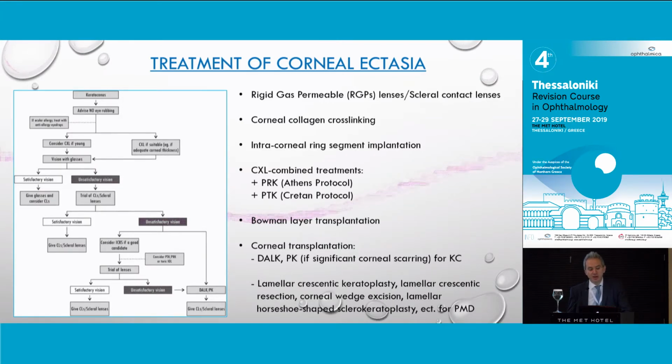Combination of cross-linking with modified surface ablations, PRK or PTK, for example, or wavefront-guided ablations. Bruce has published, I think, excellent results on this topic. And another option would be the Bowman layer transplantation.